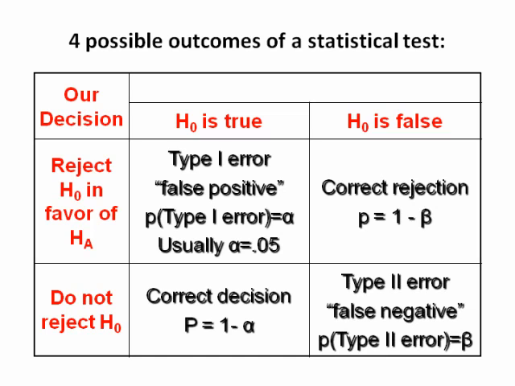So when we run a statistical test, there are 4 possible outcomes, and those are listed here. If you look to the right, the first column, here we're talking about our decision. So let's say that we look at our obtained t statistic and we compare it to the t distribution, and we determine that we're going to reject the null hypothesis in favor of the alternative hypothesis.